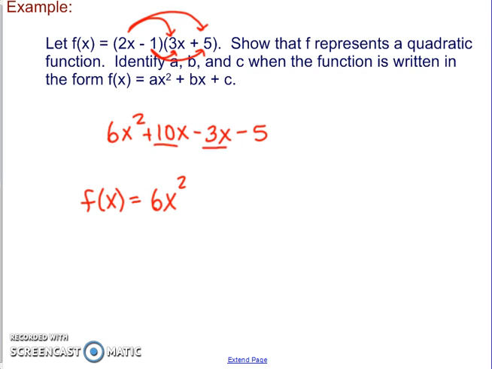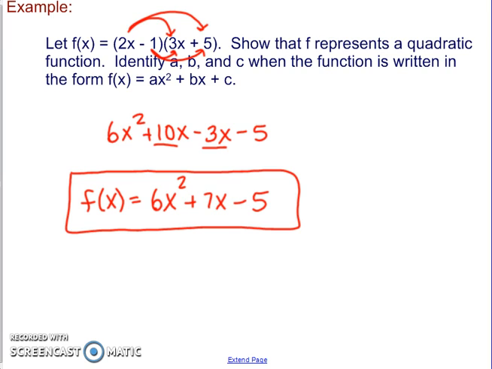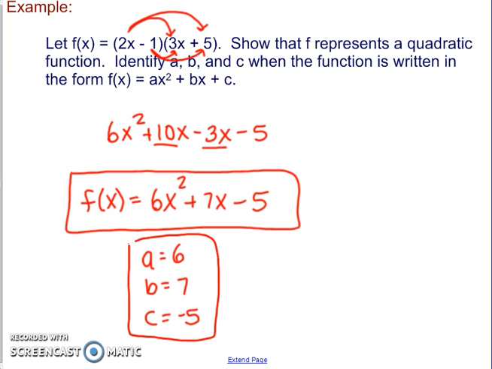I get 6x squared plus 7x minus 5. Now we've shown that this is a quadratic, and this is in standard form. My a value is 6, my b value is 7, my c value is -5. So we're taking the coefficients from each term.